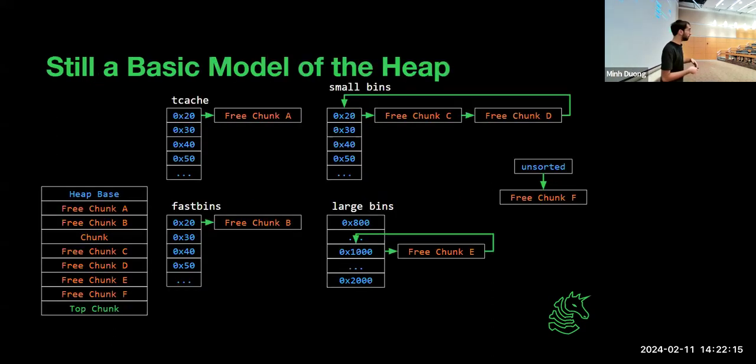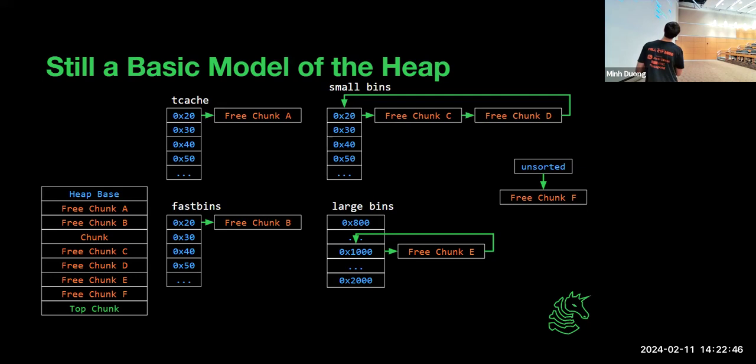So now we can get to another basic model of the heap. We can have a bunch of allocations. I'm ignoring that coalescing might happen here. And the T cache has a few bins. This refers to the size that it's tracking. Each of these will point, as a singly linked list, to an available chunk. If the T cache is full, it will end up in the fast bin here. Small bins are circular doubly linked, so C will point to D. I didn't double the arrows, sorry.